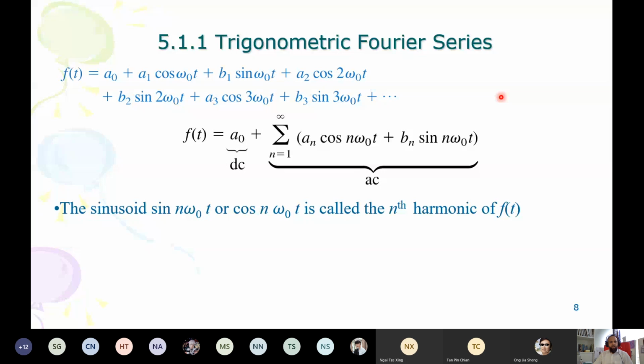The sinusoid sin n omega naught t or cos n omega naught t is called the nth harmonic of f of t. So what are harmonic frequencies? First of all, they are multiples of the fundamental frequency. We sometimes see that when something is oscillating, some smaller components also oscillate at multiples of the basic frequency.